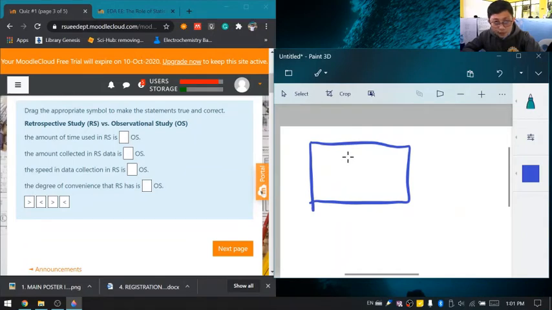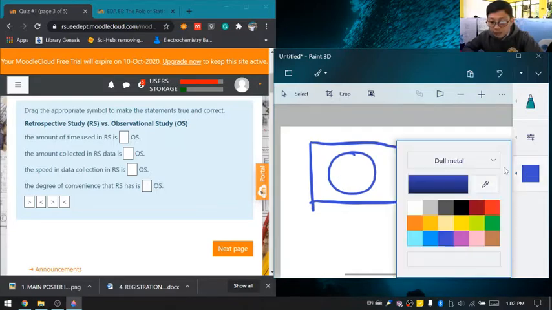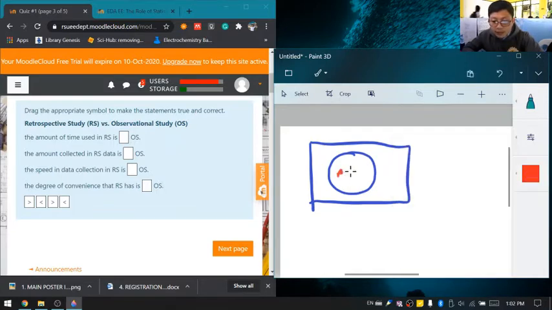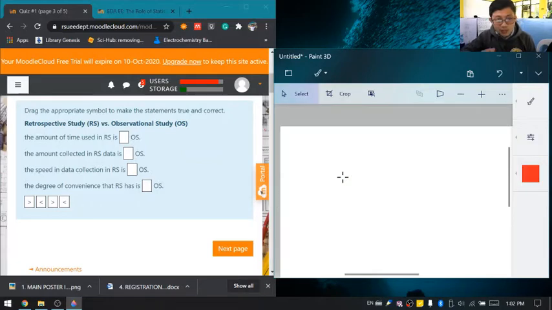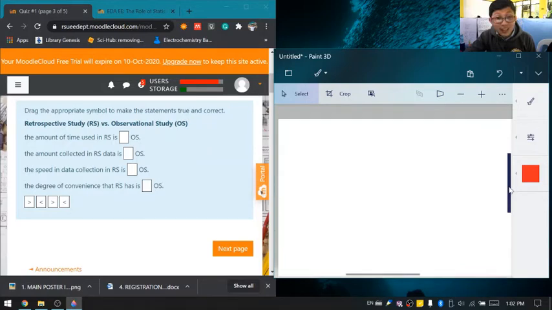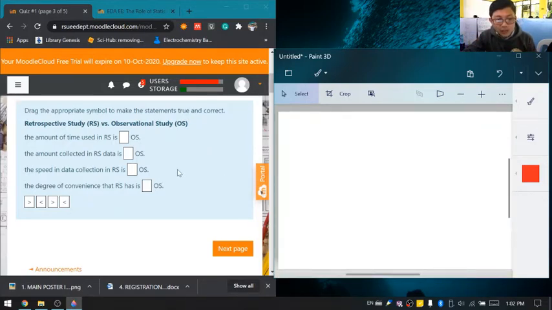And for example, this is your event, and everything that is inside that event is a subset. Alright, so why am I telling you this? I'm telling you this because this is the reason why some of you got the wrong answer, or the Moodle tagged your answers as the wrong one.